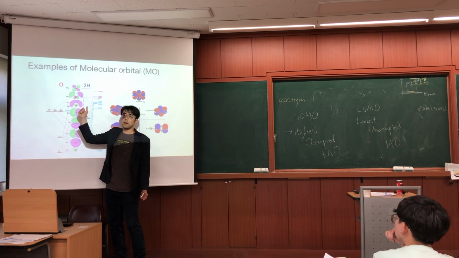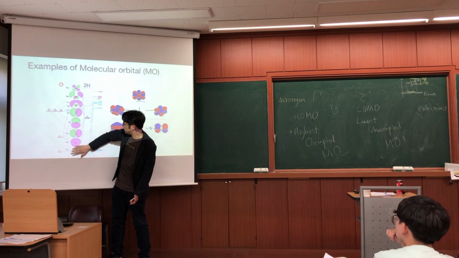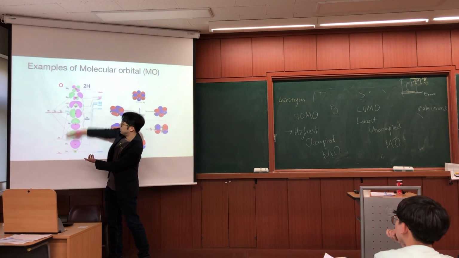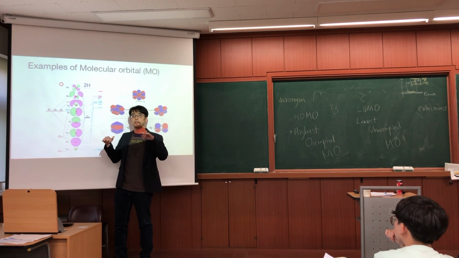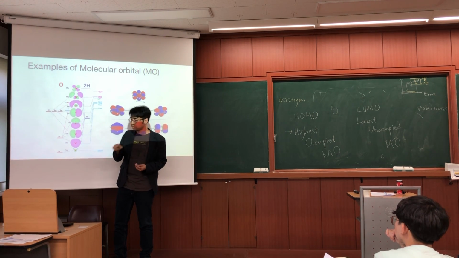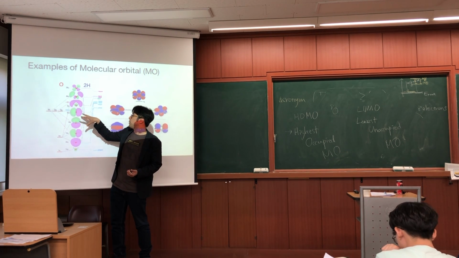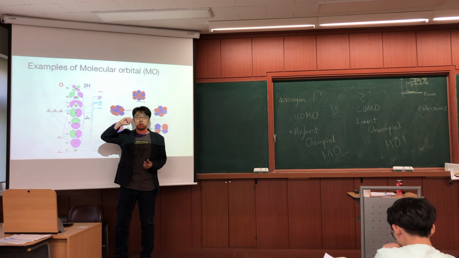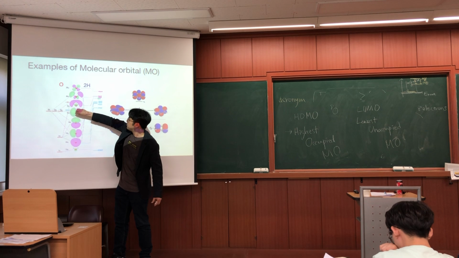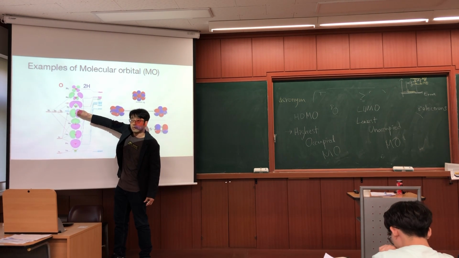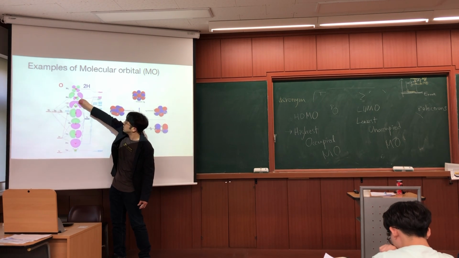Then why should we care about an empty orbital? These are the lowest energy ones, so these are at the ground state. But if we put a laser on, if we give some energy to this molecule, then electrons can be excited, right? Electrons can get energy. So if this electron gets excited, then where does it go? It usually goes to the next level.